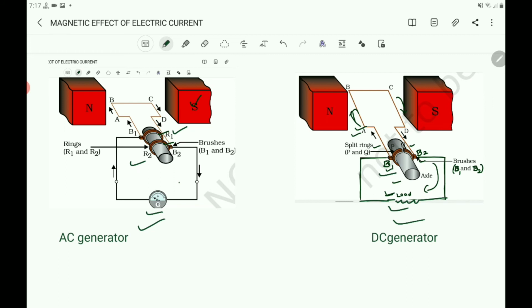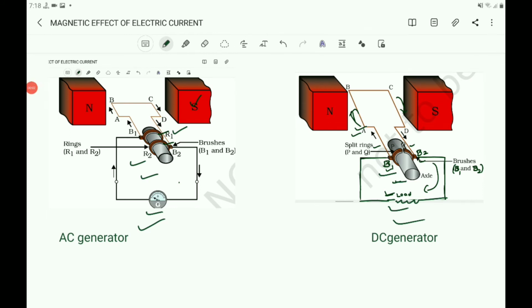And in the case of DC generator, the contact of brush with the split ring changes. First, P will be in connection with B1, Q will be in connection with B2, and in the second half, Q comes into contact with B1 and P comes into contact with B2.